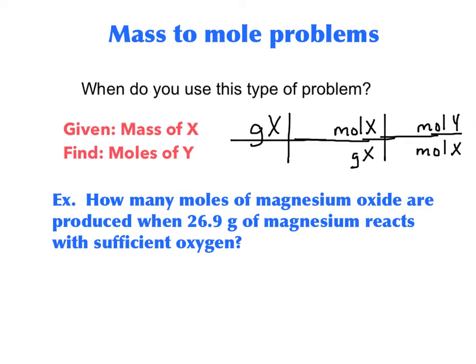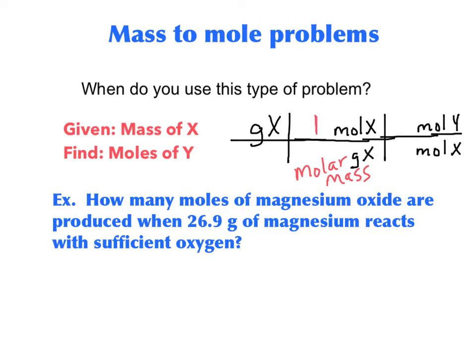I haven't written any numbers inside of here, but if we're given the mass of X, that's going to be grams of X, and that's what we start out our action line with. Then we're going to copy down the grams of X and change that over to moles of X. In order to do this step right here, we have to use the molar mass, which we get from the periodic table.